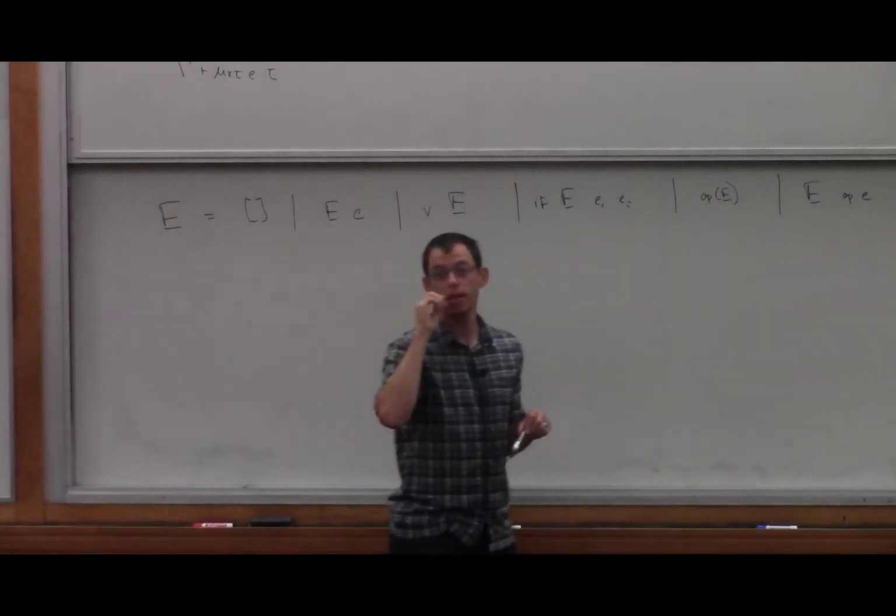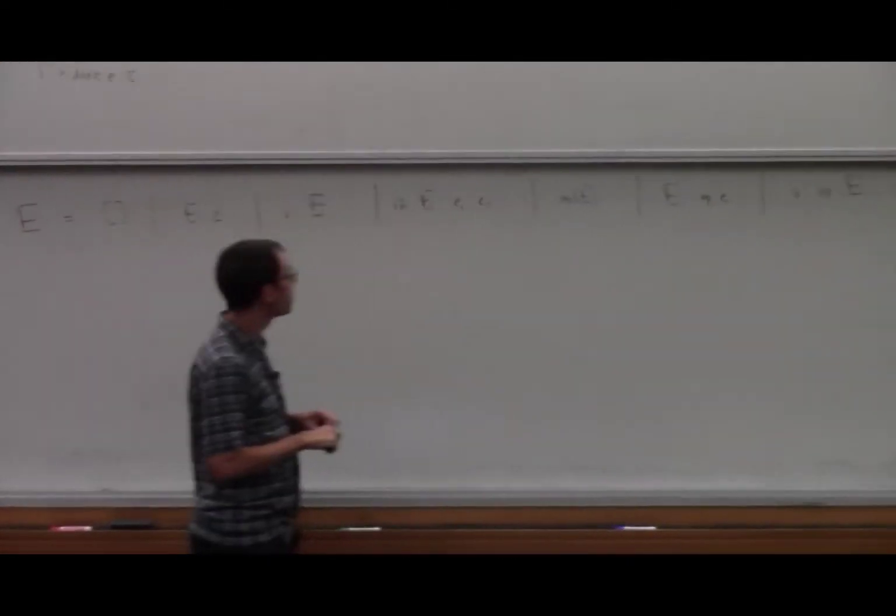Is this easier to read? Okay. So that's our evaluation contexts. So this just tells us where we're going to be allowed to do evaluation.